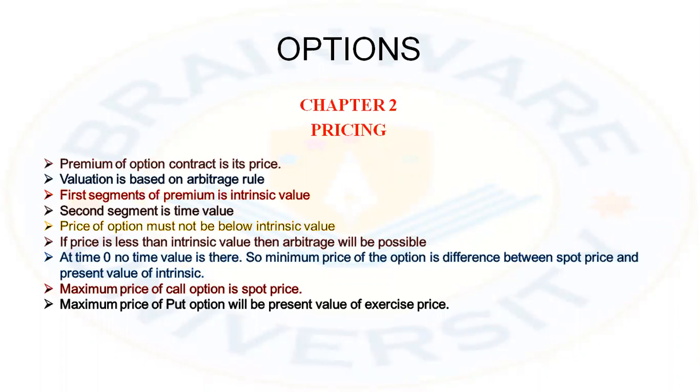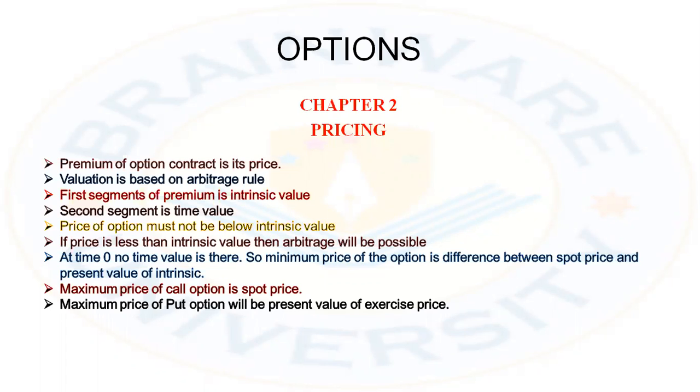Today we are starting the discussion on option pricing. What is option pricing? We already have discussed that the buyer of the option enjoys the absolute right of whether to exercise the option or not.